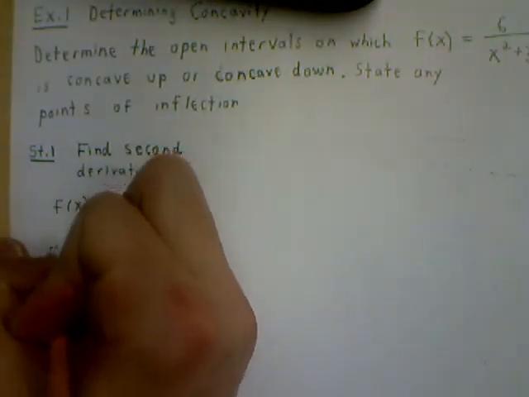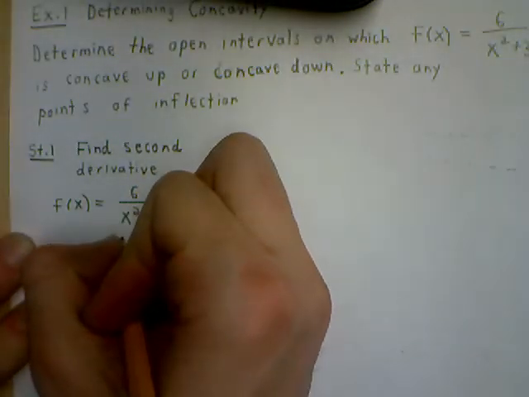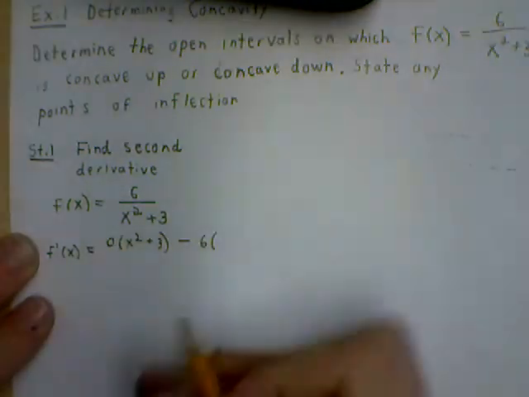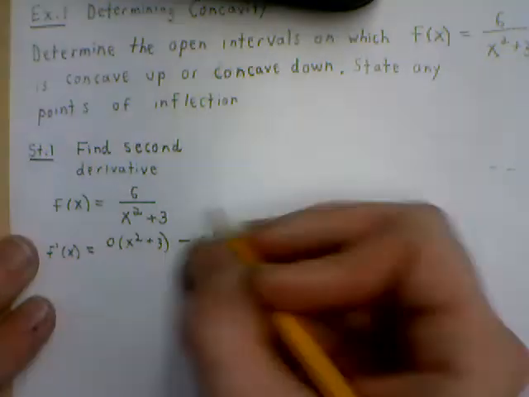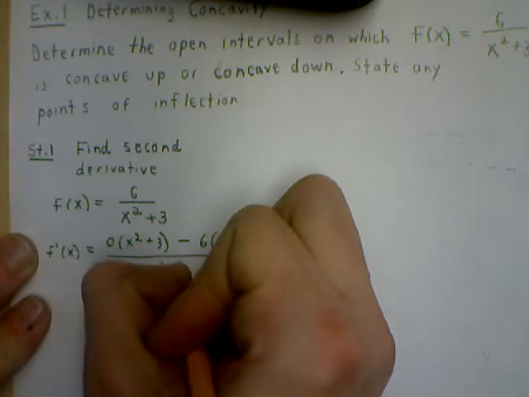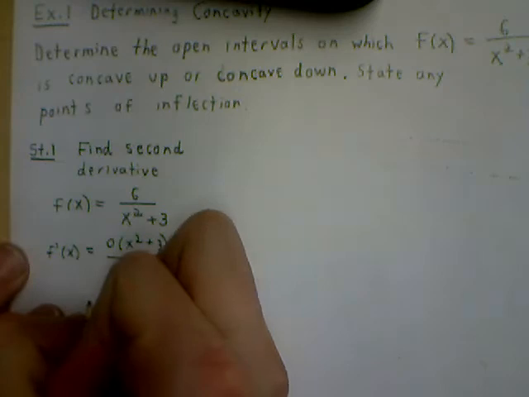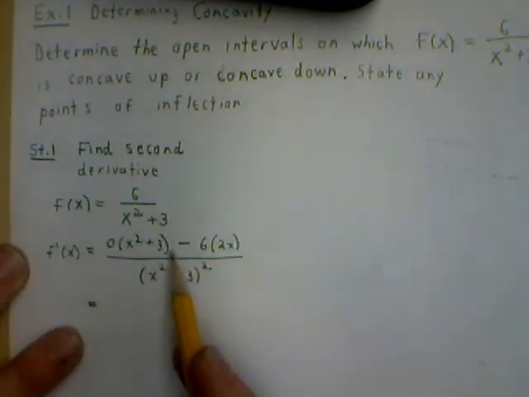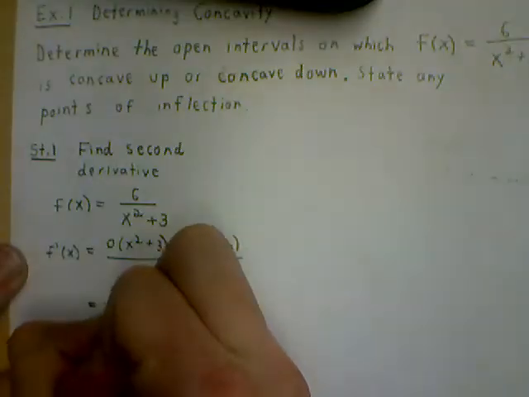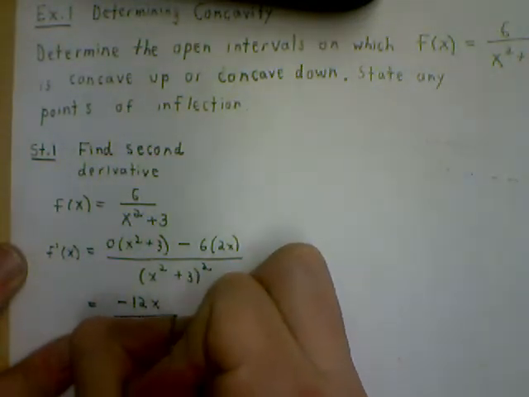So f prime of x equals the derivative of 6, which is 0, times x squared plus 3, minus 6 times the derivative of the denominator, 2x, all over the quantity x squared plus 3 squared. That's going to give us in the numerator negative 12x because this is going to cancel. So I have negative 12x over the quantity x squared plus 3 squared.